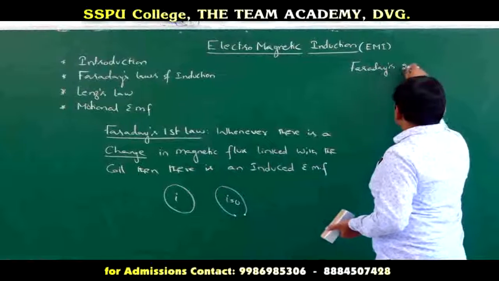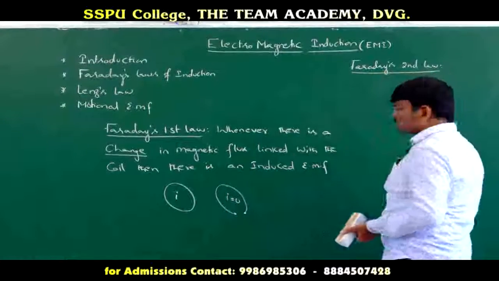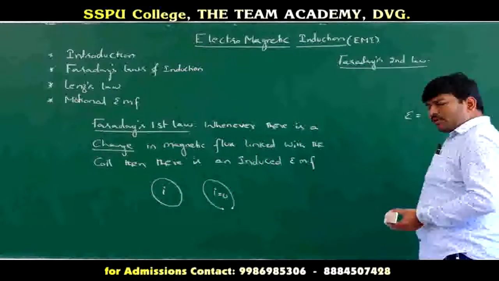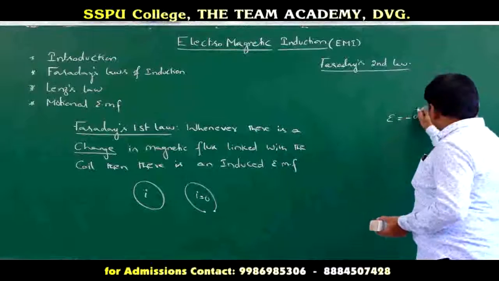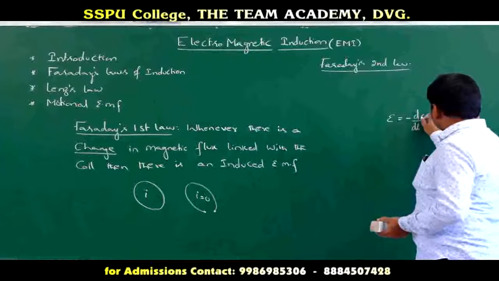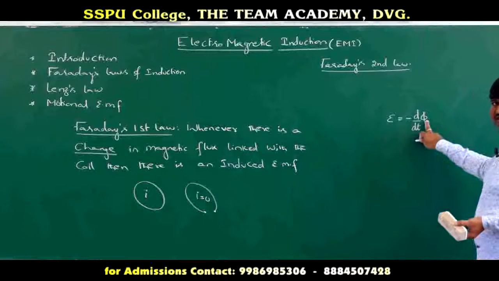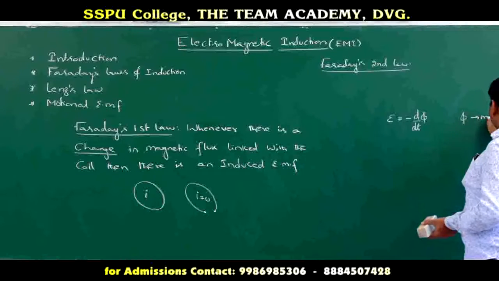Faraday's second law. First, I will write the mathematical formula so that you can understand it better. The amount of induced EMF is equal to minus d by dt of phi. In previous classes, I already told you what phi means.